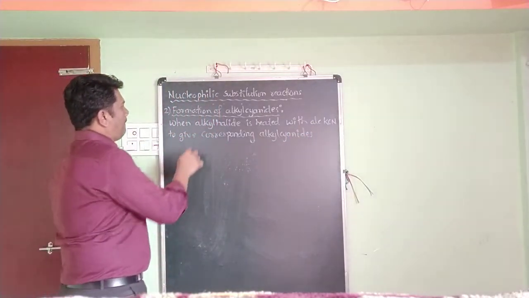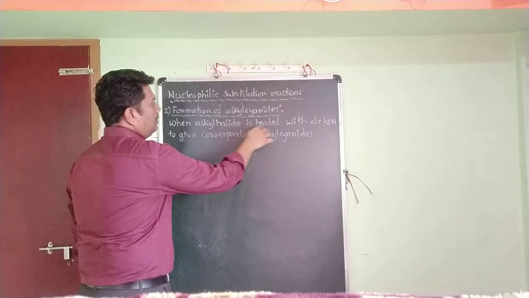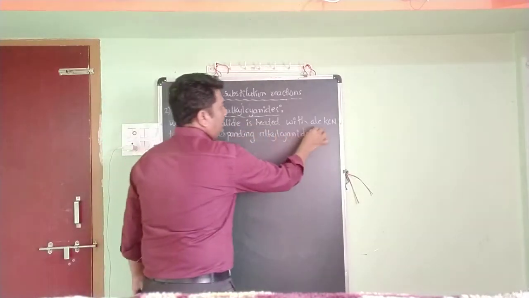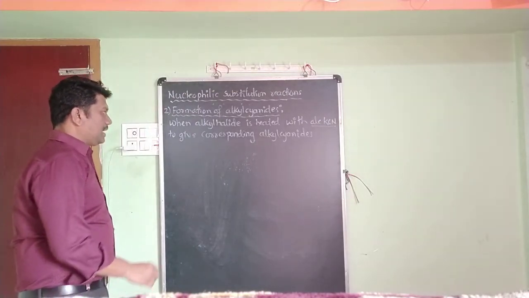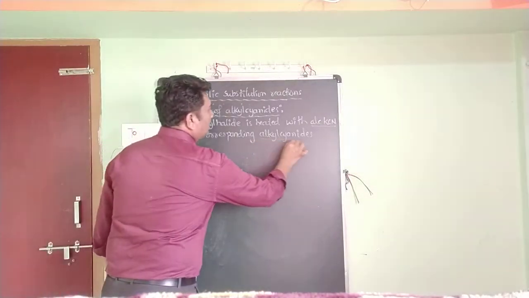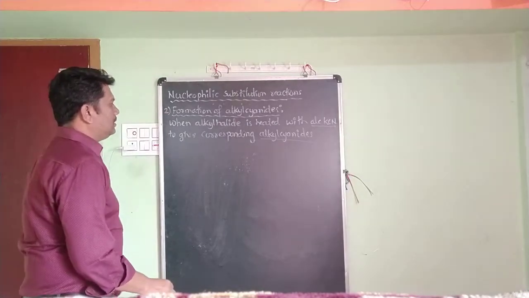When alkyl halide is heated with alcoholic potassium cyanide, KCN meaning potassium cyanide, it gives the corresponding alkyl cyanides. See how to write the reaction.